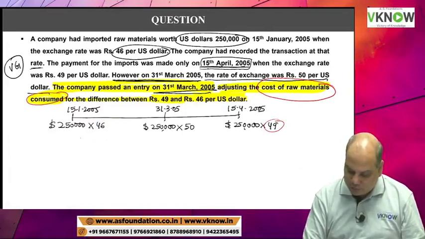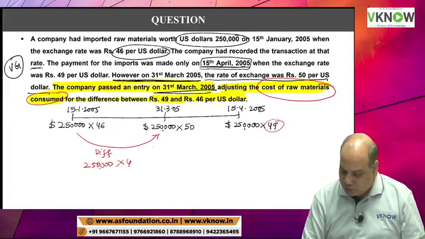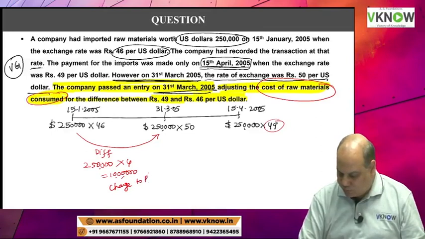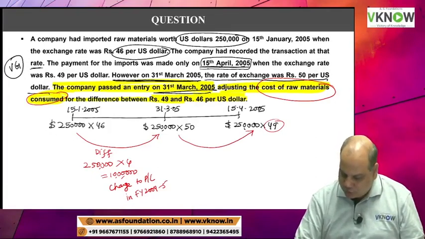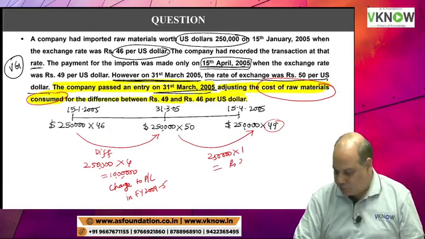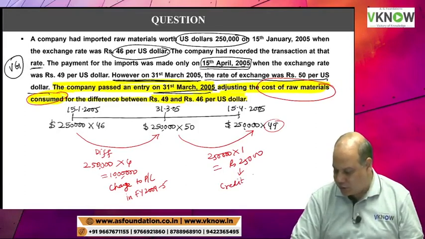This difference, which will be 2,50,000 into 4 rupees, 10 lakh rupees, is charged to P&L account in financial year 2004-5, and this difference, 2,50,000 into 1 rupee, 2,50,000, you credit to P&L account because it's a gain.